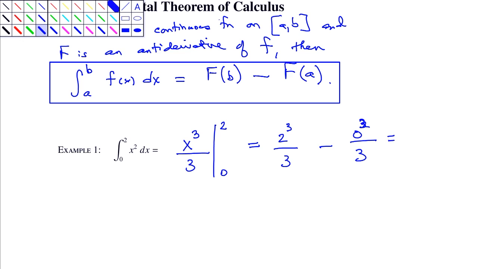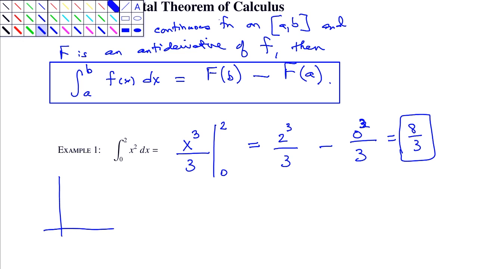And 2 cubed is 8, divided by 3 is 8/3. The right side is 0, and so the answer is 8/3. So, what does that mean?